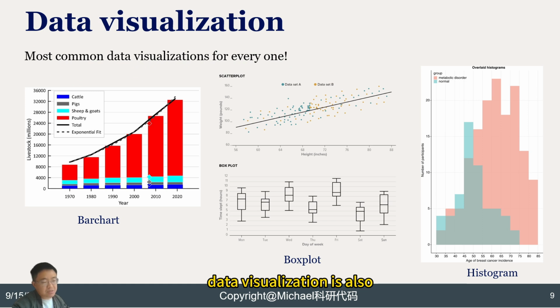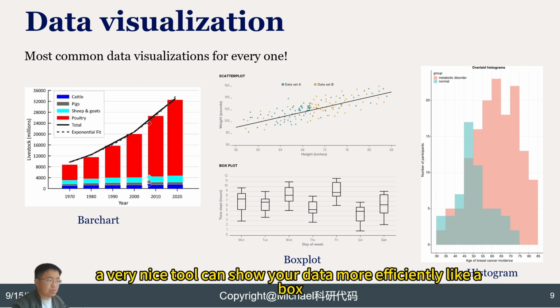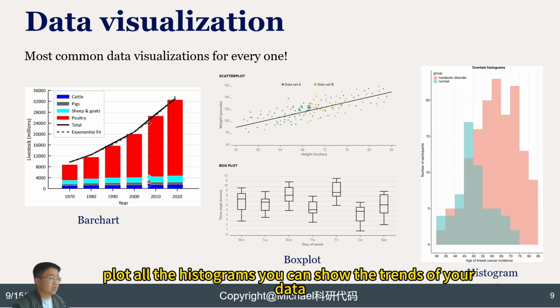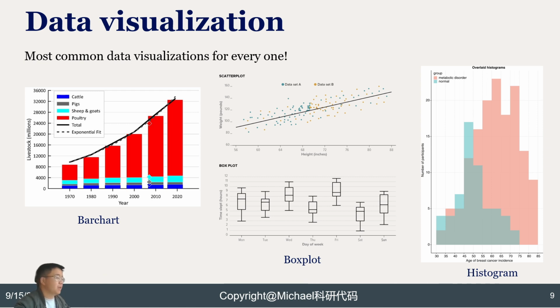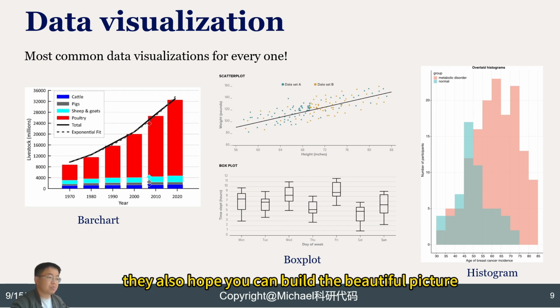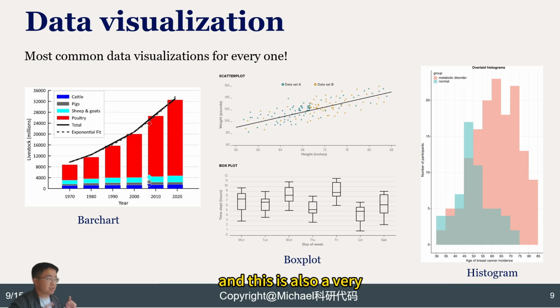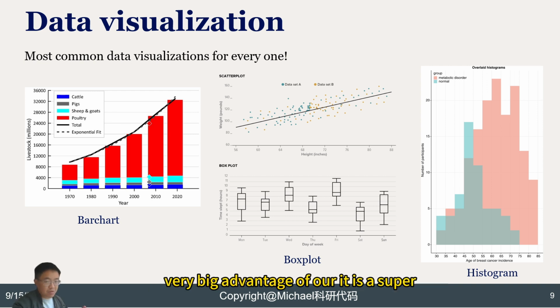Data visualization is also a very nice tool that can show your data more efficiently, like box plots or histograms. You can show the trends of your data. And of course, all the reviewers and maybe your supervisors also hope you can build beautiful pictures. This is also a very big advantage of R. It is a super nice tool to make good pictures.